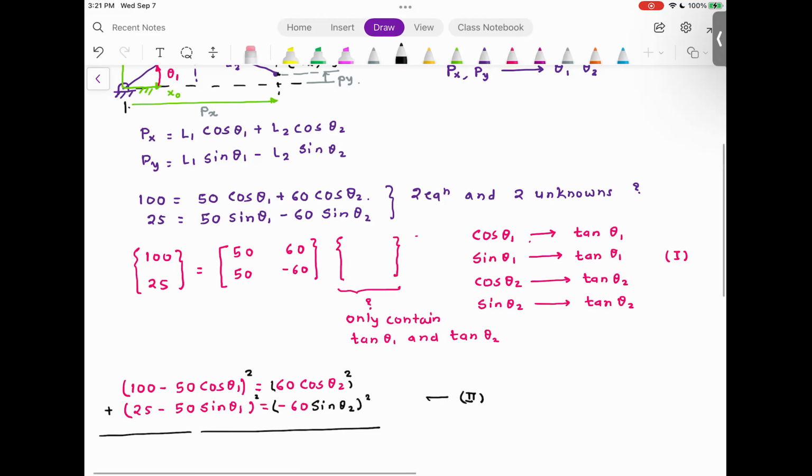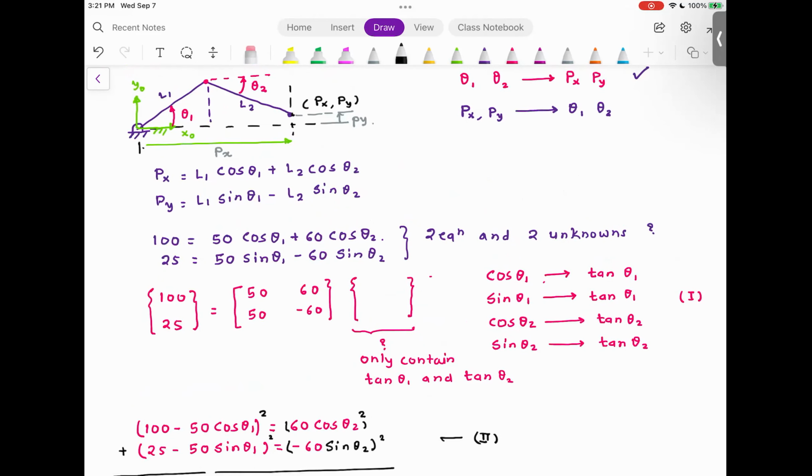Third method is where you use some type of a geometric approach. What do I mean by a geometric approach? You look at the geometry of that kinematic diagram or figure and see, hey, can I use some type of geometry relationship to make my life easy?